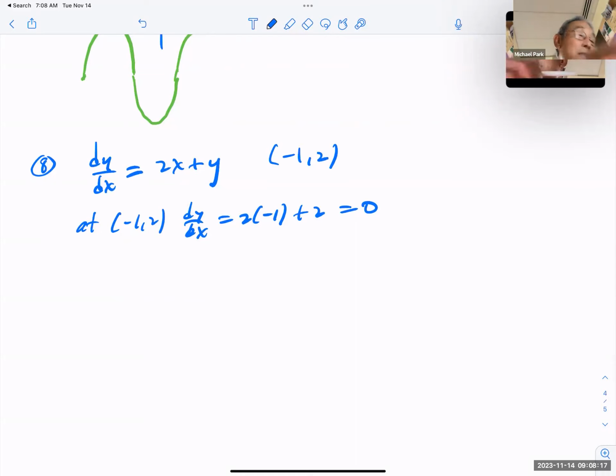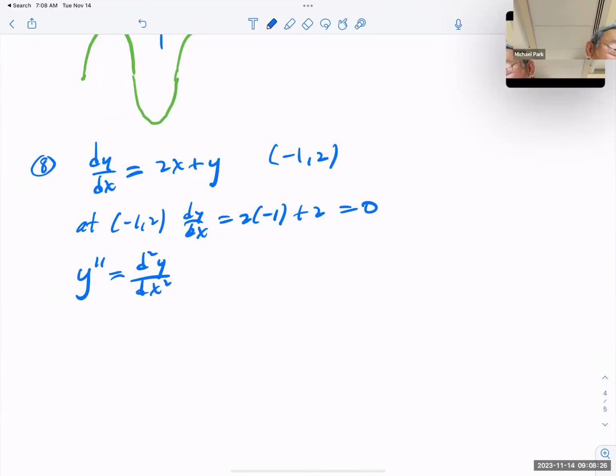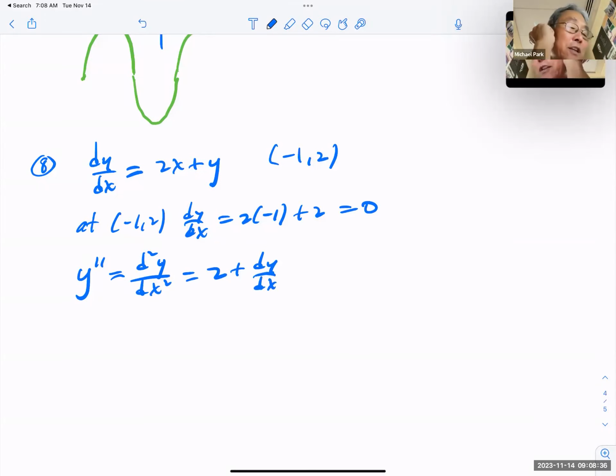Now we need to look at the second derivative. So I'm just going to write y double prime, or d squared y over dx squared, whatever. It's going to be 2 plus dy dx. Remember, when you do implicit differentiation, the derivative of x is 1 and the derivative of y is dy dx.